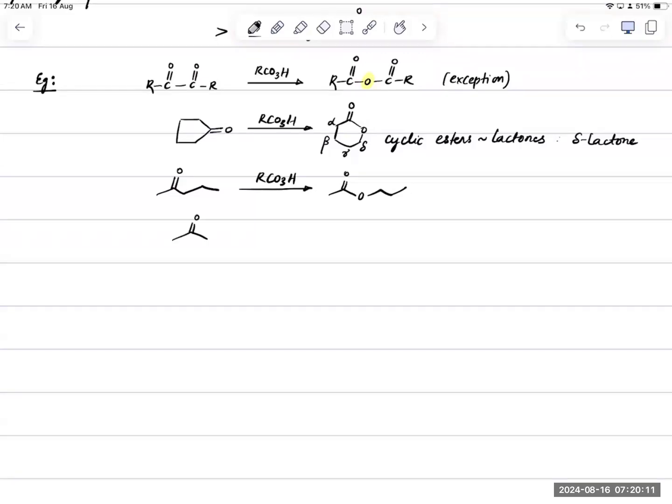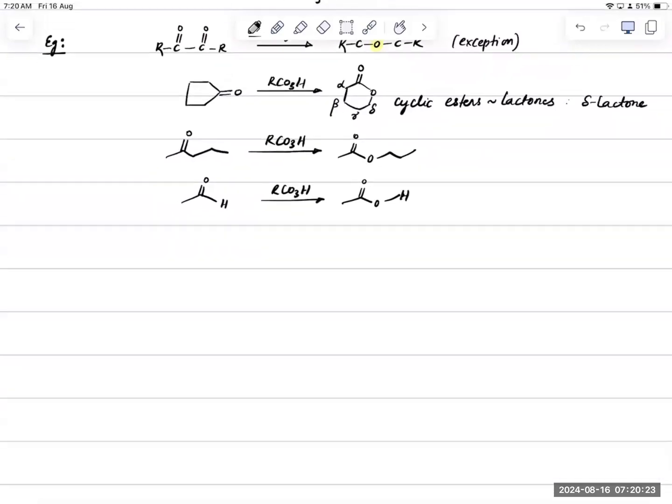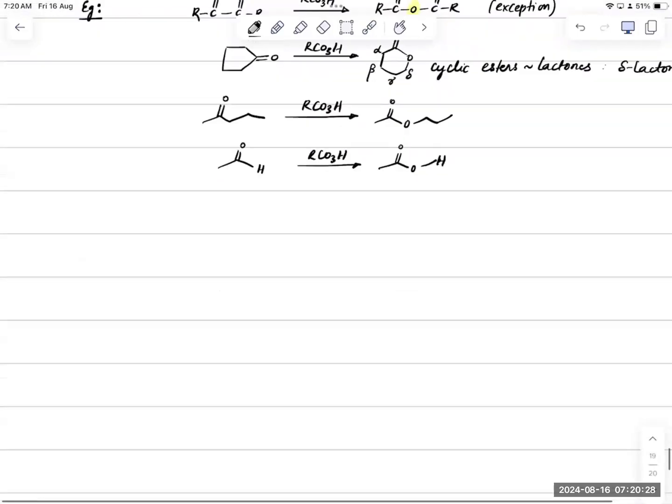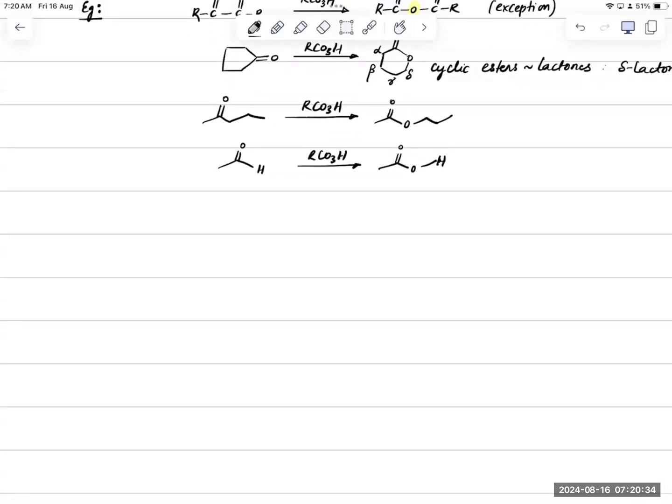Suppose if there is an aldehyde here, for aldehyde, the migrating aptitude is better on this side. Sorry, OH. So acid will be formed here. Okay. Baeyer-Villiger can not only be facilitated by peroxy acids, it will also be facilitated by concentrated HNO3.